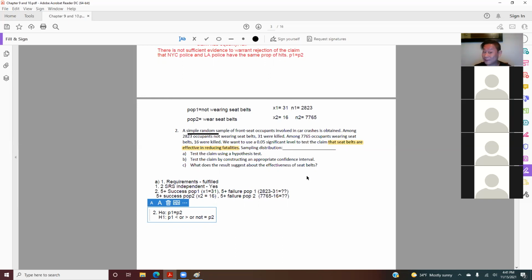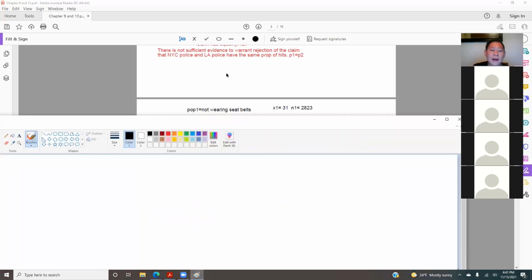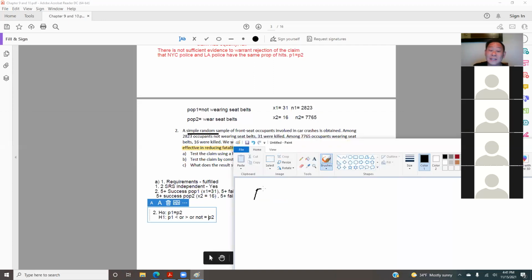So class, this is important, right? If you write this wrong, everything after that is going to be wrong. So what is the meaning when I say seatbelts are effective in reducing death? If population 1 is not wearing seatbelts and population 2 wears seatbelts, a lot of you will see this in your online homework. What does this stand for when you say P1 not equal to P2?